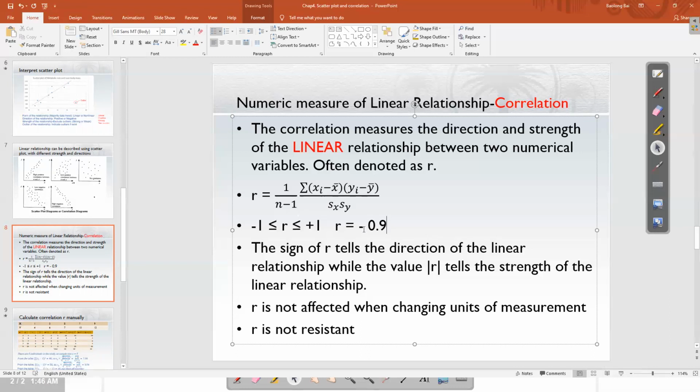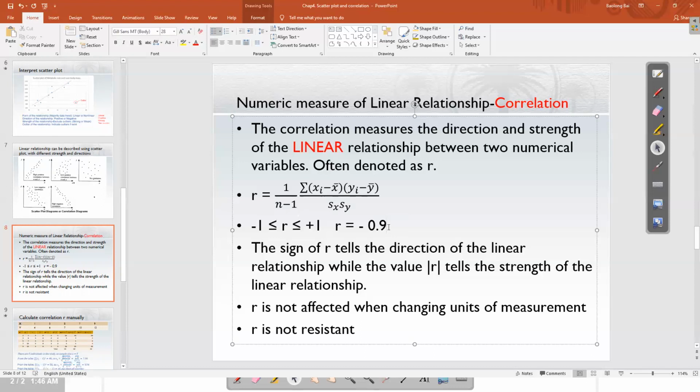The relationship direction is negative. The strength, 0.9, is close to 1, so it's strong. And correlation is a measure of linear relationship. So put it together: if R equals -0.9, we have a negative, strong, linear relationship.